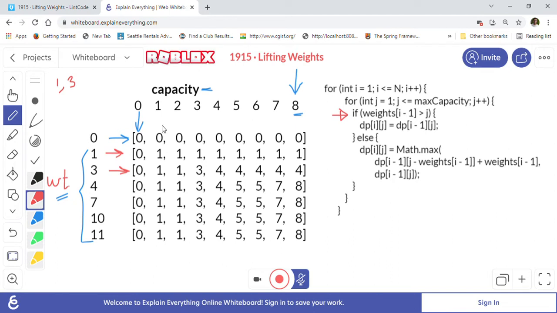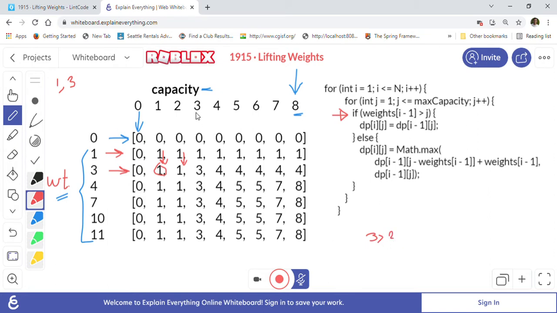For example, here j is 1 and the weight is 3, so 3 is greater than 1, so this one will come from the one above. Likewise, 3 is greater than 2, so it will come from above.